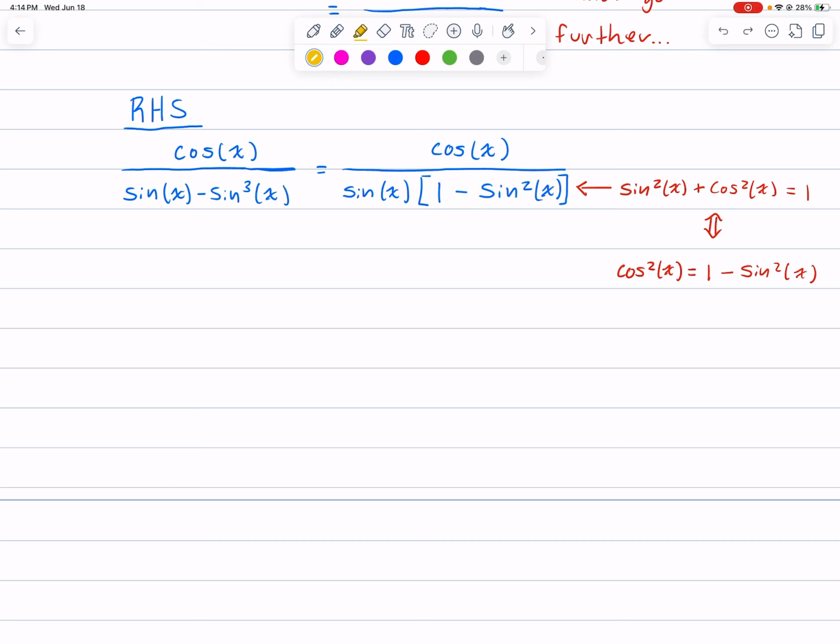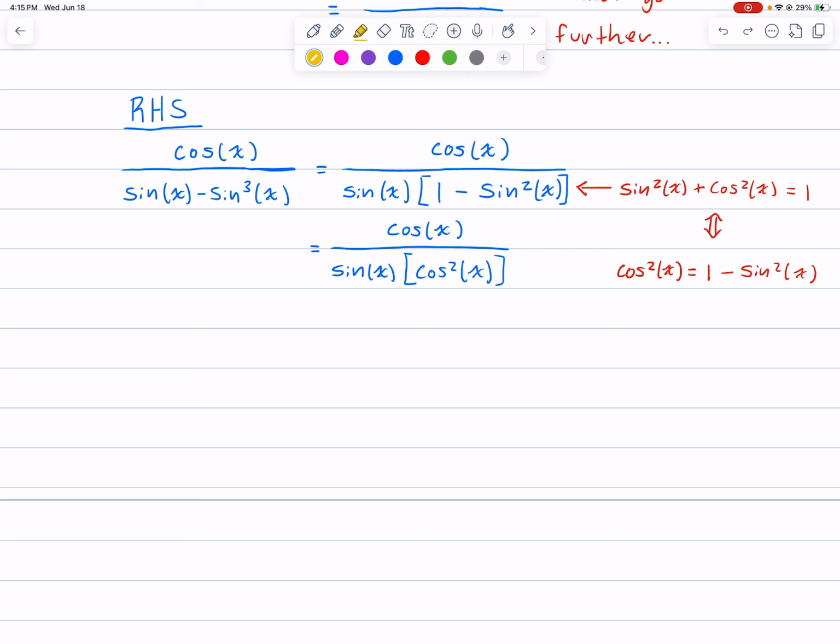So that means I'm going to get cosine of x over sine of x times cosine squared of x. So all I did was just replace this with this because of this over here.